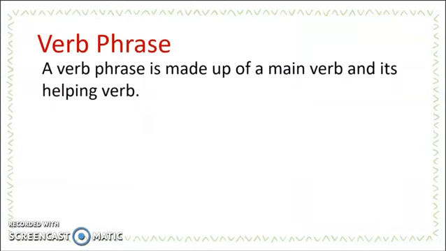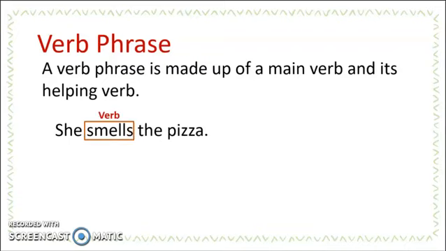Now let's have the verb phrase. A verb phrase is made up of a main verb and its helping verb. When we say verbs, these are words that demonstrate an action such as sing, dance, smell, eat, and so on. For example, in this sentence, can you tell me which one is the verb? Okay, it's smells. Now, what makes a verb phrase?